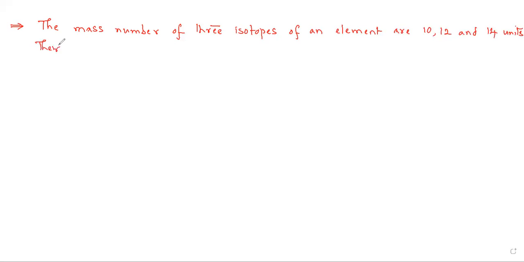Their isotopic abundances are 80, 15, and 5 units respectively.